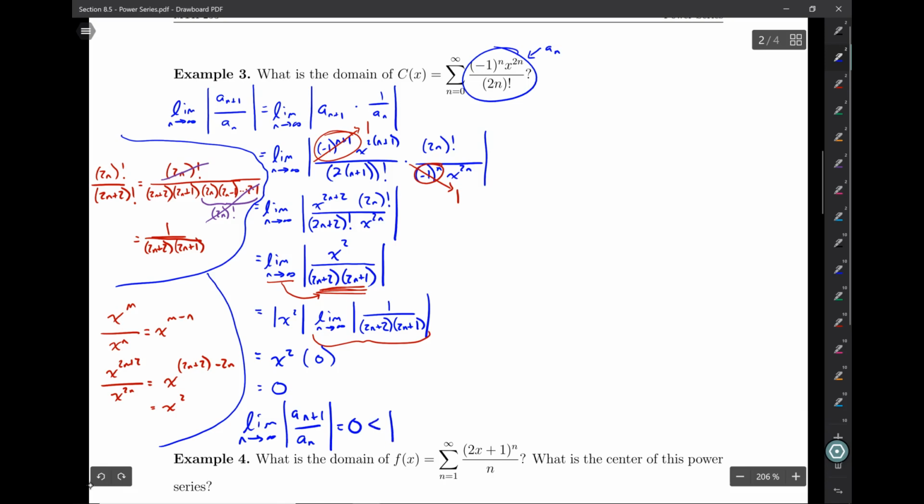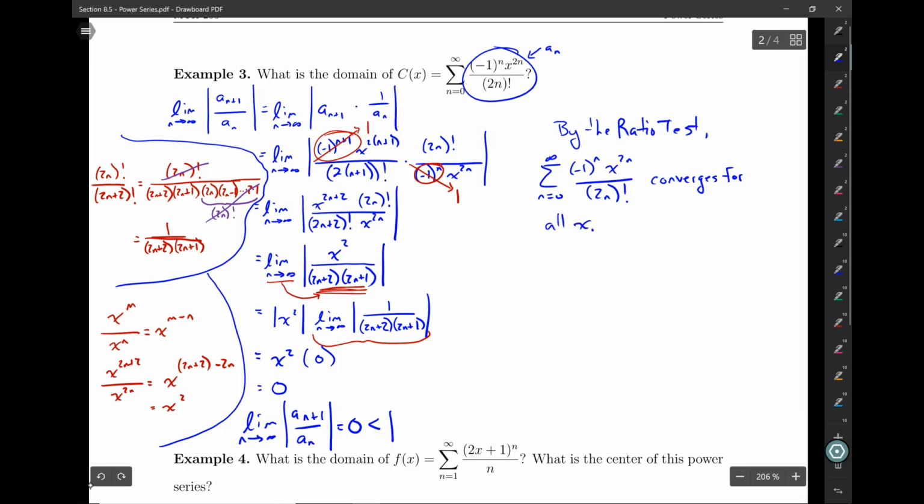So, by the ratio test, the sum, as n goes from 0 to infinity, of negative 1 to the n, times x to the 2n, over 2n factorial, by the ratio test, this converges for all x.